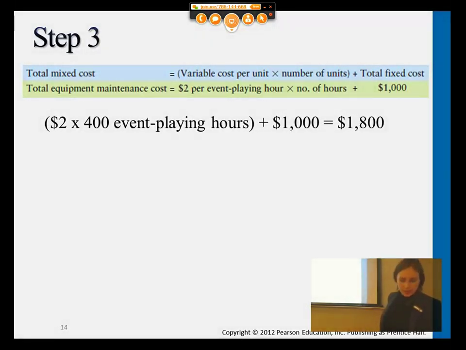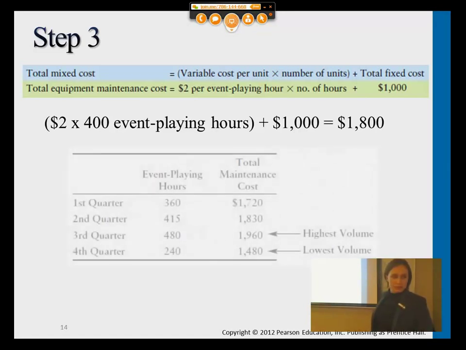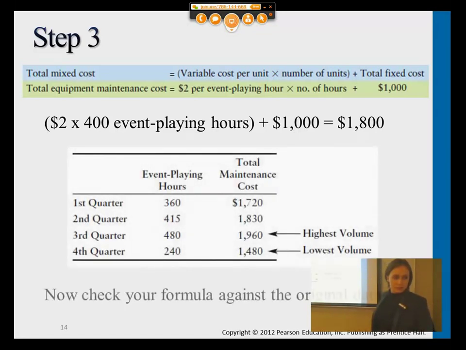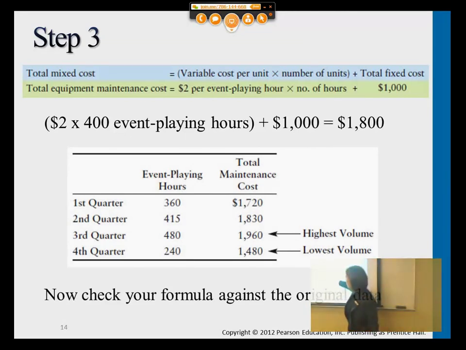So I'm going to say that I'm using my 400 event plane hours, and I know that $1,800 is what I'm going to have to pay. Okay, so let's look. We have highest volume, lowest volume, right?